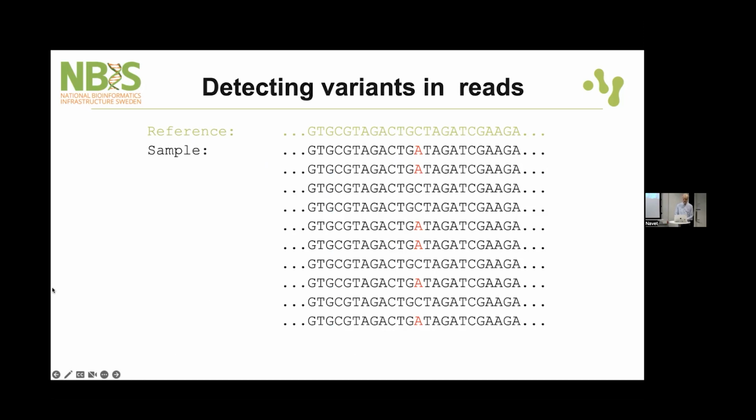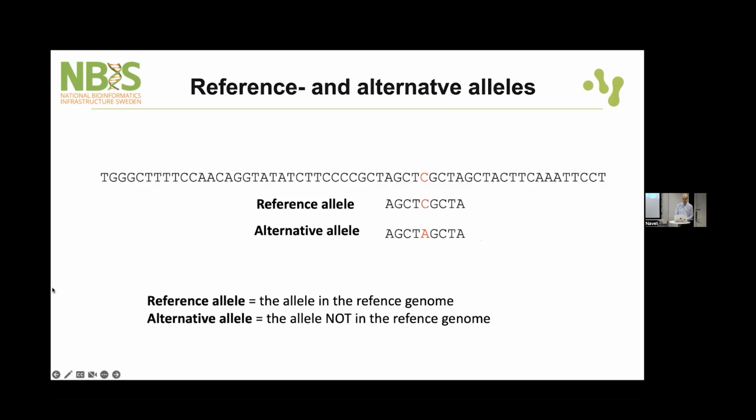Here we have an example where we have a C somewhere in the reference genome, but the reads that align to this position have a mismatch where we see an A instead of a C, and sometimes we see the reference allele, the C. So the reference allele, the C, and the alternative allele, which is an A in this case. We have a number of observations of both of them.